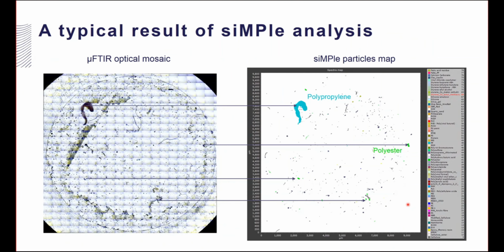This is a typical result of a microplastic analysis by using this specific feature that we developed at Aalborg University, a software called Simple Systematic Identification of Microplastic in the Environment. As you can see, on the left side we have an optical image where we filtered a sample of urban waters, in this case from an outlet of a wastewater treatment plant.